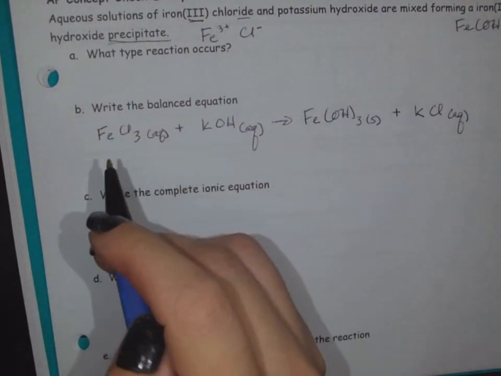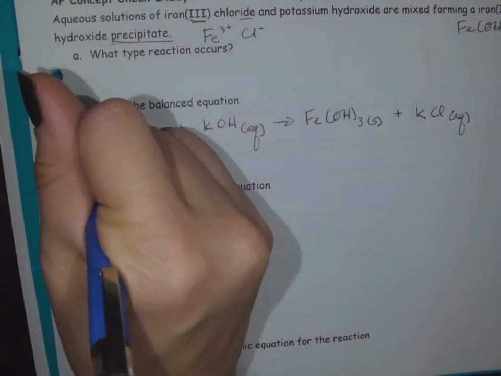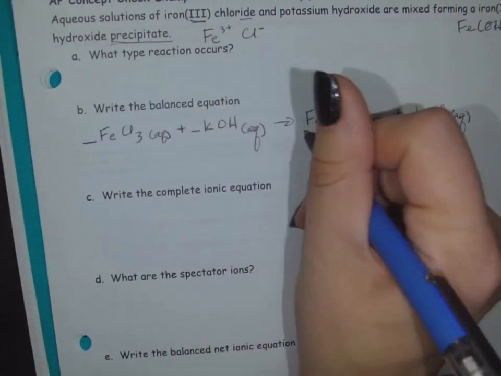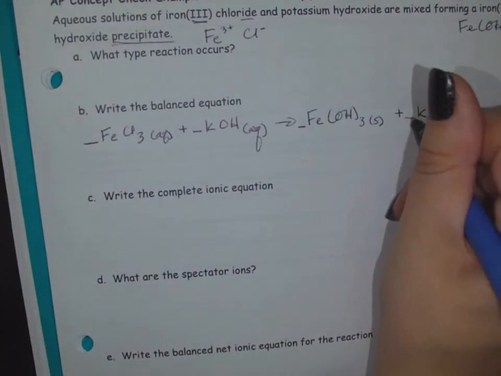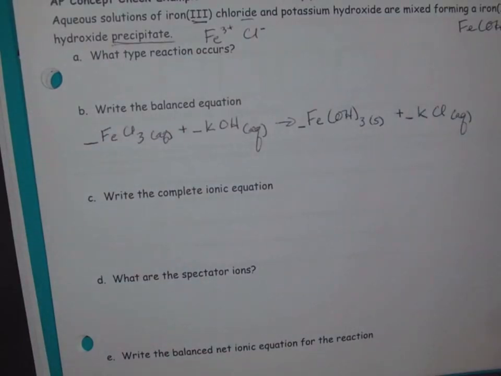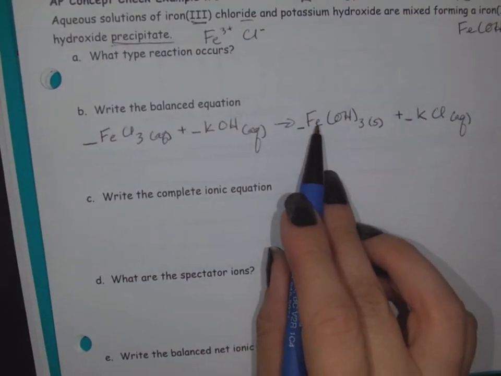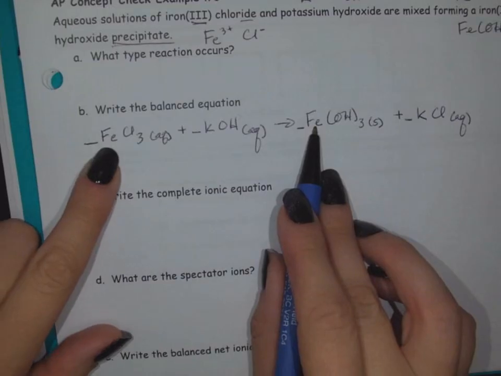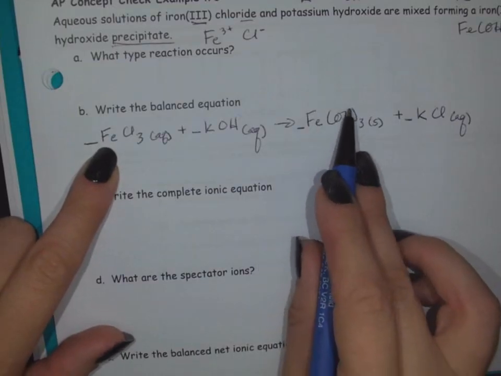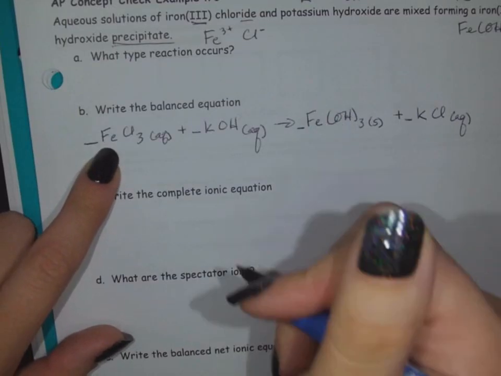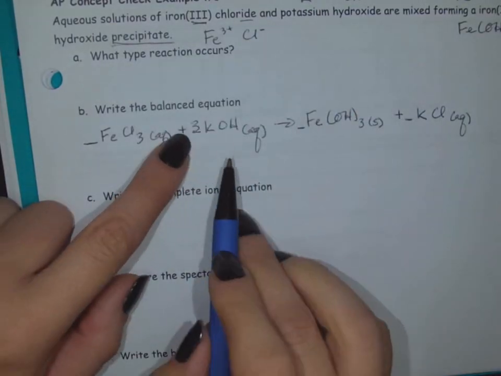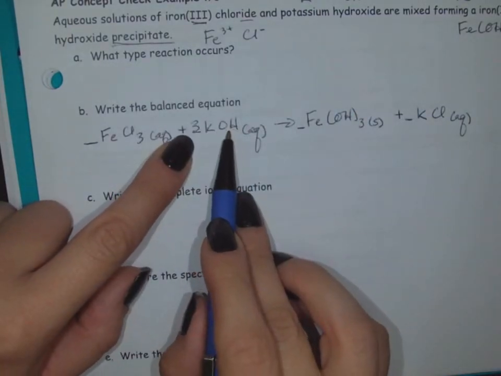Okay. So is this balanced? Nope, it's not, and let's draw some lines in front of here to help us. Start with the most complicated. Maybe this one's our most complicated. We got 1 iron and 1 iron, but notice how we have 3 of these hydroxides. So I need to put a coefficient of 3 here, so I have 3 of the hydroxides.